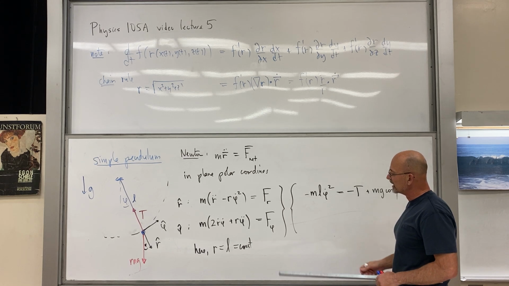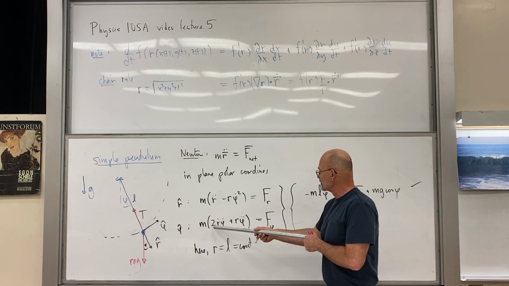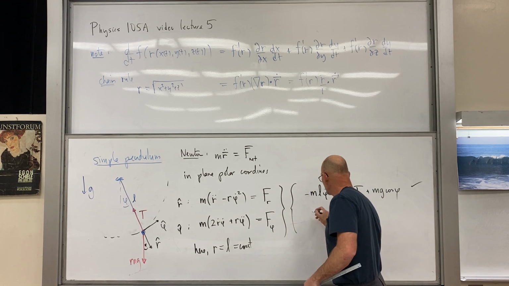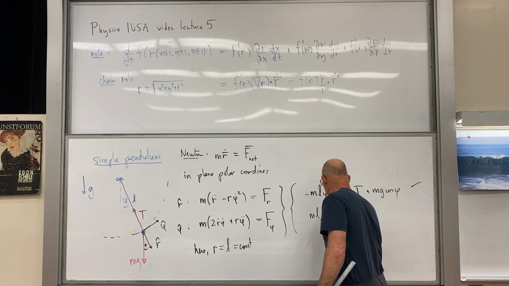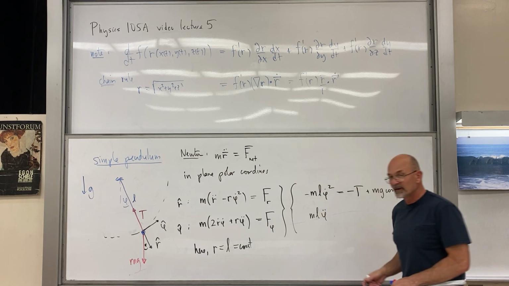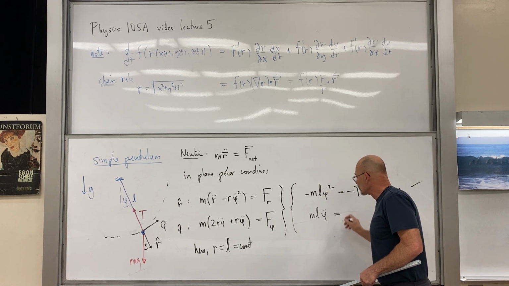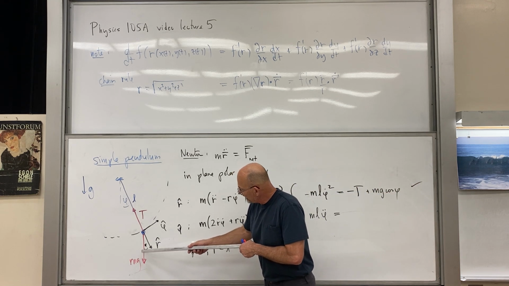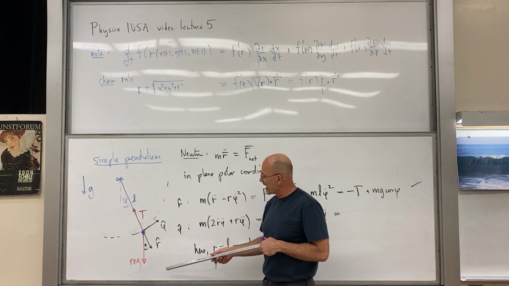So far so good. What about this differential equation here? These are all vanishing. We have m, L, phi second derivative equals, and now we have this mg along the phi hat direction.